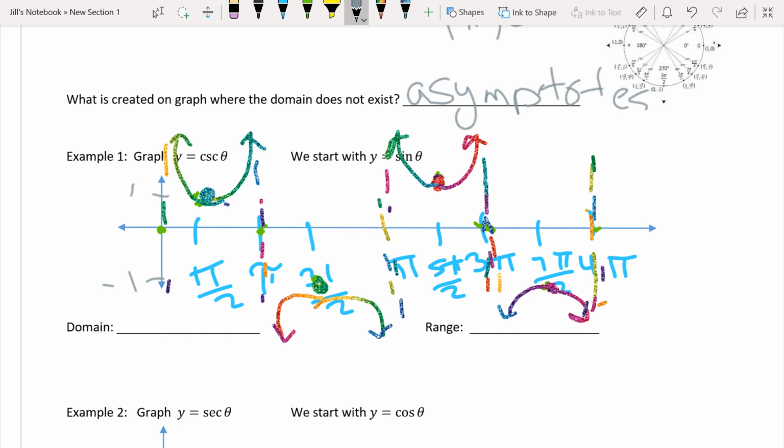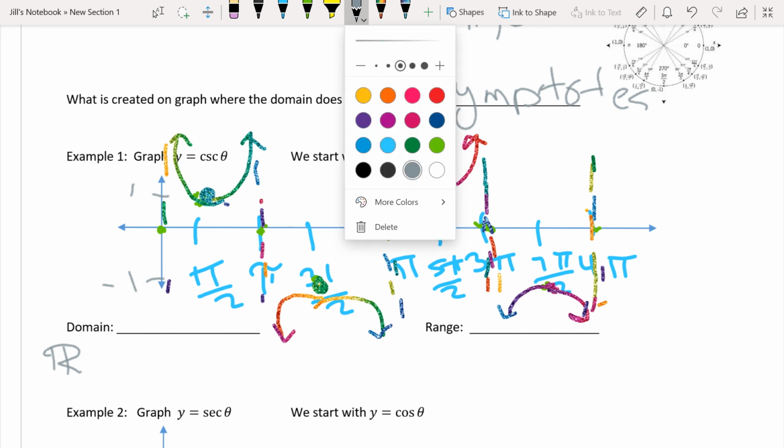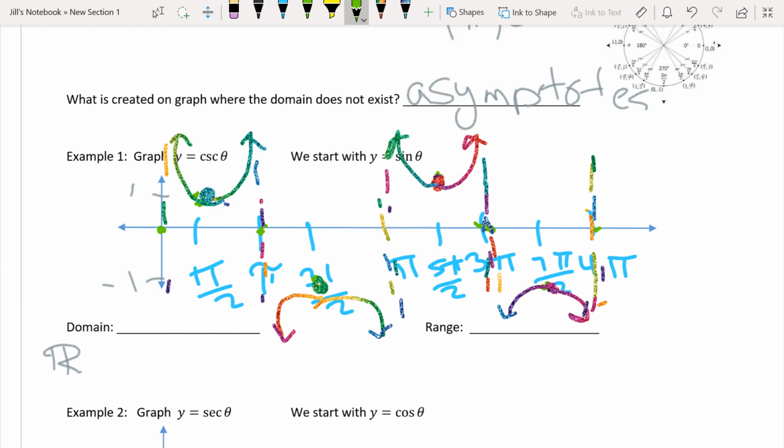So the domain of this function is, now the domain is the x-axis. So it's all real numbers. So I'm going to write down here, all real numbers, that's that fancy R, except, again, trying to write with this pen is not helping me. Except, I don't know why sometimes it doesn't write. You can't tell, but I'm pushing on the screen and it's not writing. There we go.